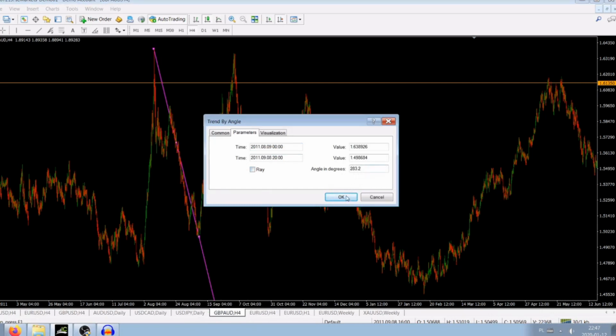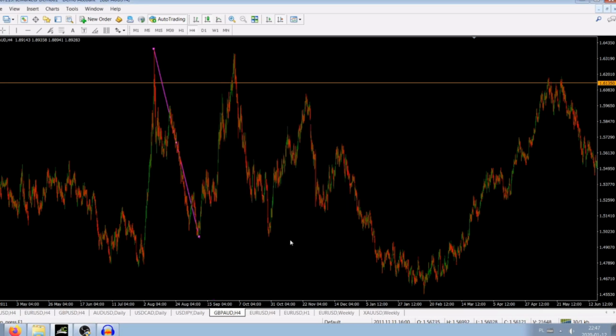283.2 degrees, which is, in other words, let me find the calculator. We just have to calculate it. It's 360 minus 283. So basically this angle is 77 degrees from the horizontal line.